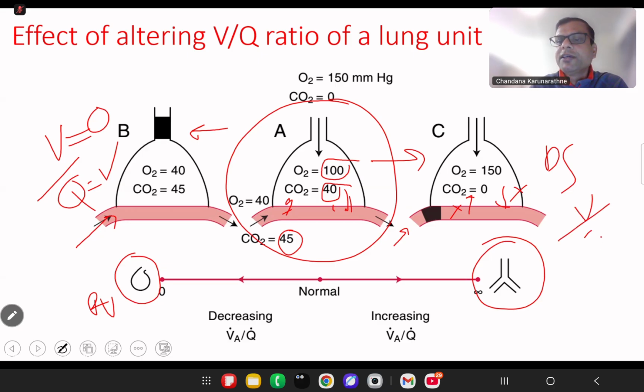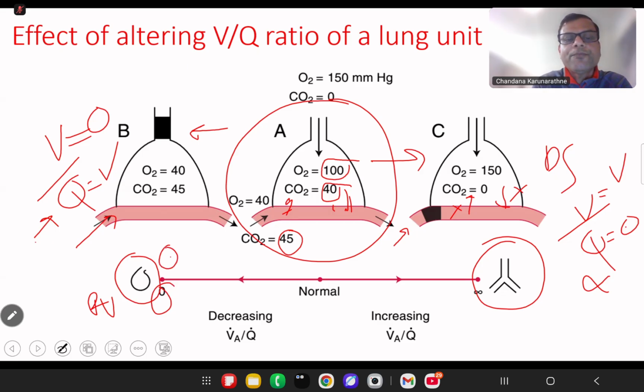So for VQ, V is normal and Q is 0. Something divided by 0 becomes infinity, and 0 divided by anything becomes 0. So VQ can range from 0, which is called a shunt, to infinity, which is called dead space. So these are separate entities.